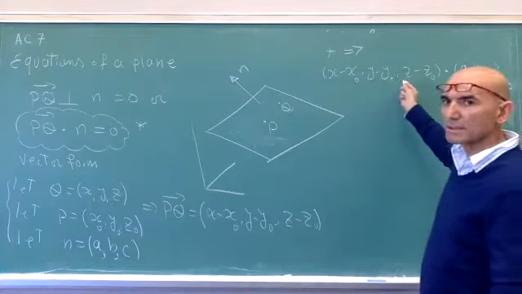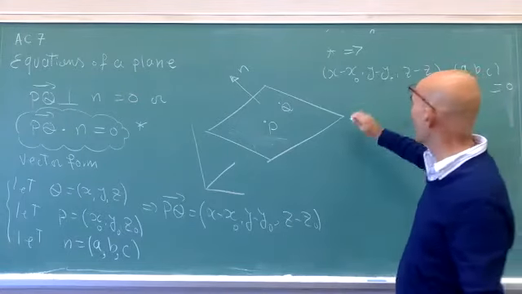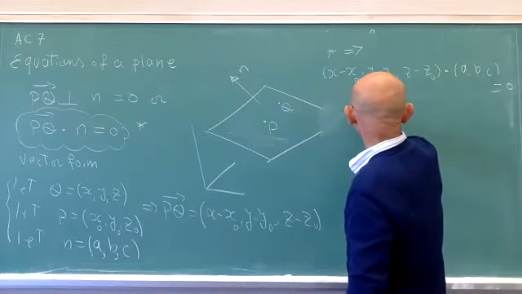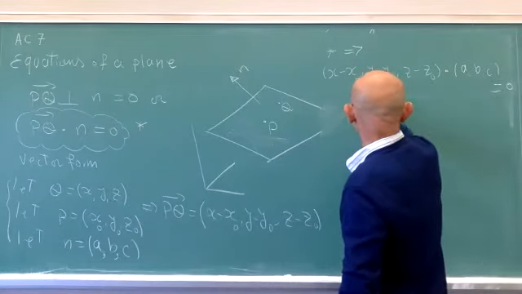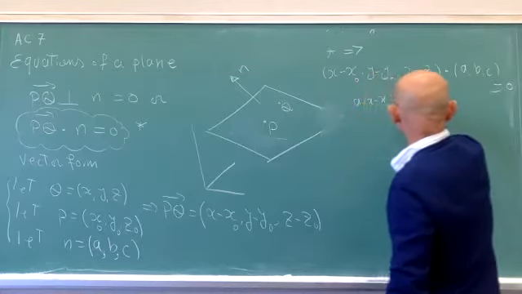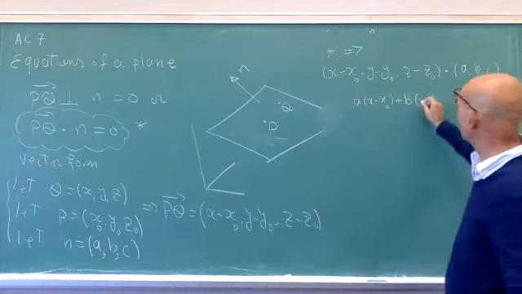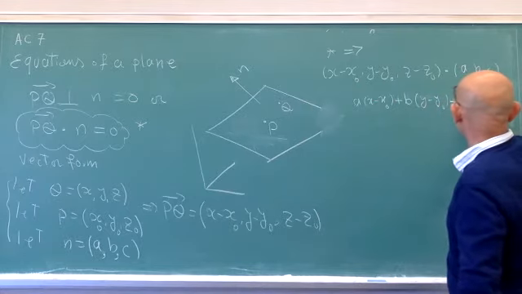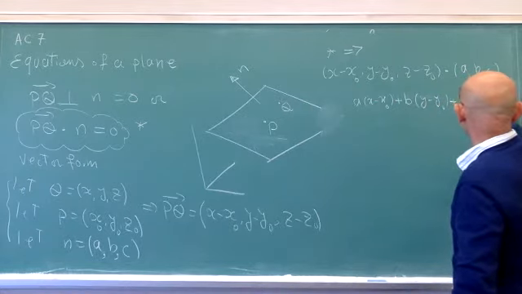Let's see what this dot product is. It is A times (x minus x0), plus B times (y minus y0), plus C times (z minus z0), equal to 0.